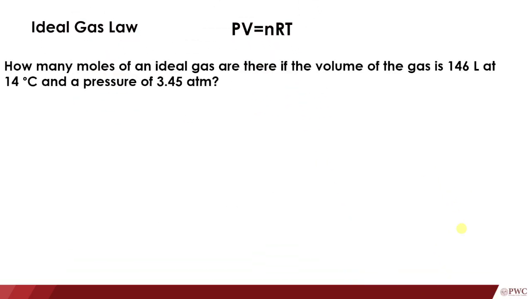Okay, let's try to solve this one. How many moles of an ideal gas are there if the volume of the gas is 146 liters at 14 degrees Celsius and a pressure of 3.45 atm? Again, the formula for this is PV equals nRT. The pressure is equal to 3.45 atmospheres, times the volume is equal to 146 liters.